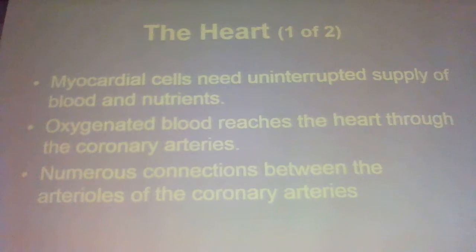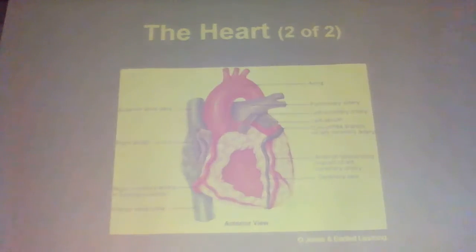So basically, the coronary arteries come off of part of the aortic arch, right? Right and left coronary arteries, and then they provide blood flow to the heart muscle itself. So there's a lot of connections between the arterioles of the coronary arteries and the heart muscle themselves.